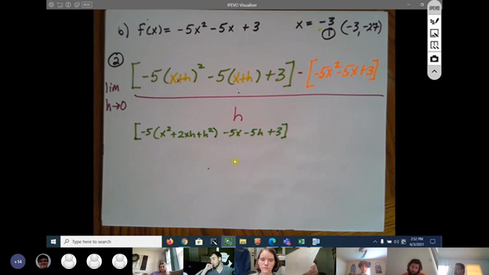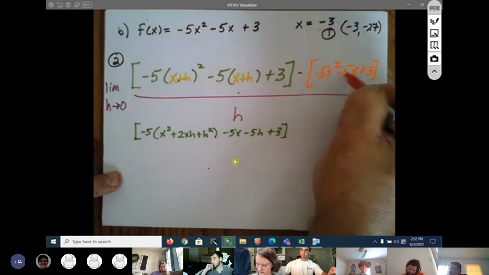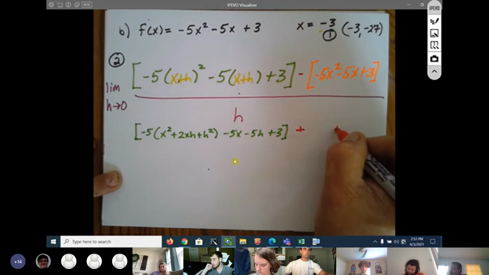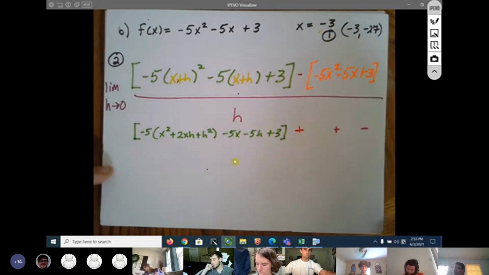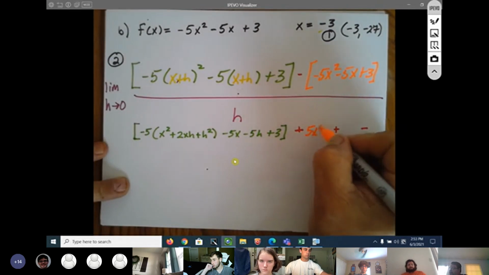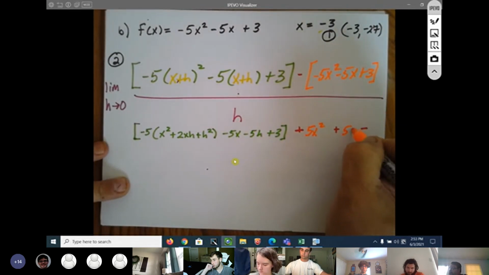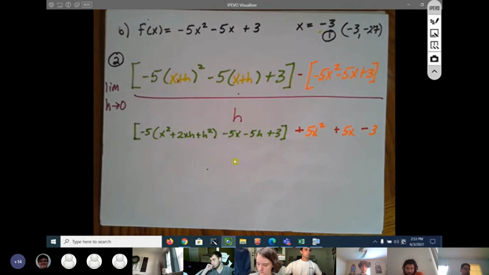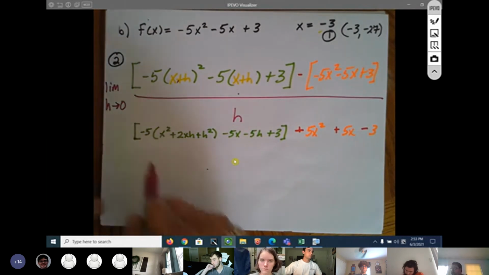That negative is going to go across each one of these. So that's a negative, that's going to be a plus, and a negative. And that's going to be 5x squared, 5x, and 3, all over h.